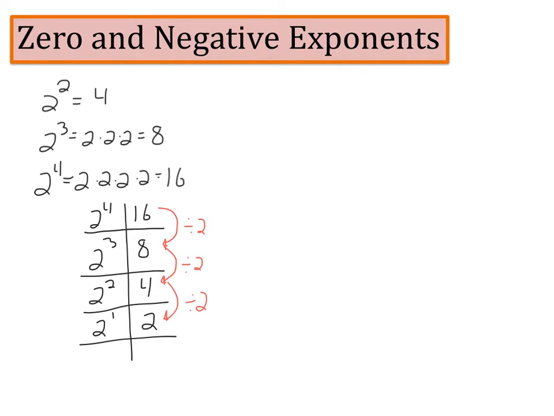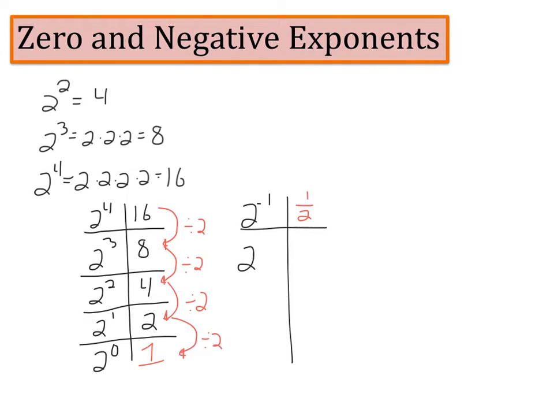So, based off that logic, 2 raised to the 0 should just be 2 divided by 2, which is just 1. And if you continue with that pattern, then 2 raised to the negative 1 should just be 1 divided by 2, which is 1/2.